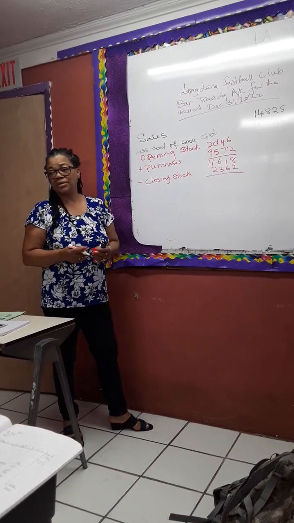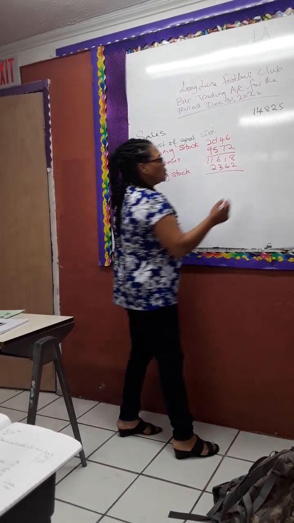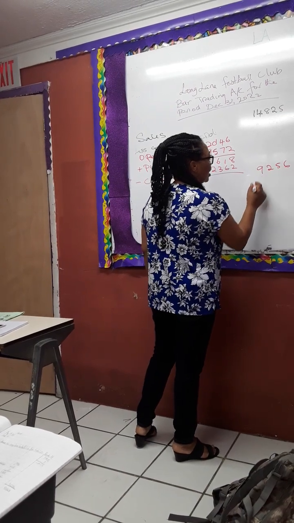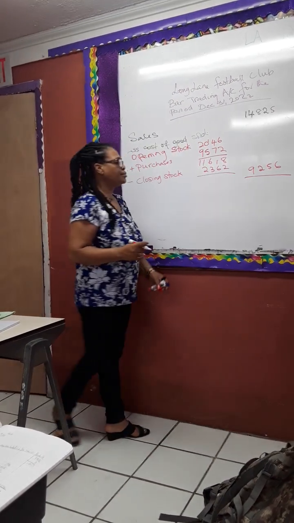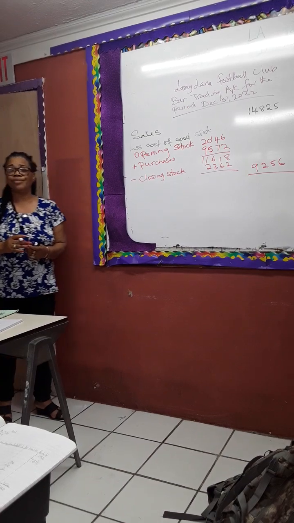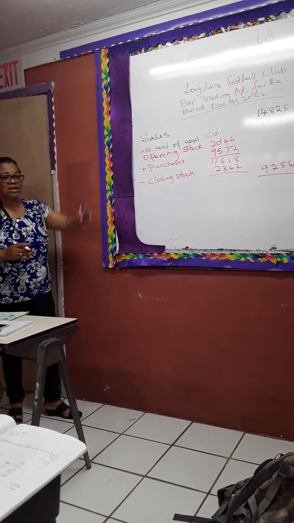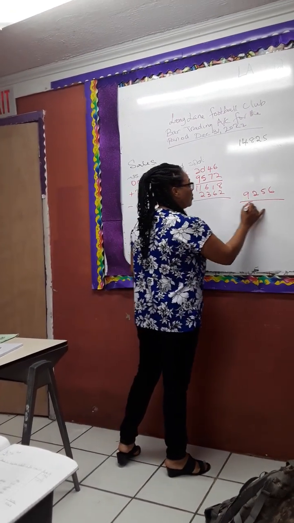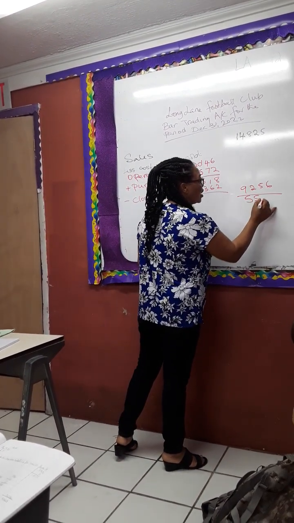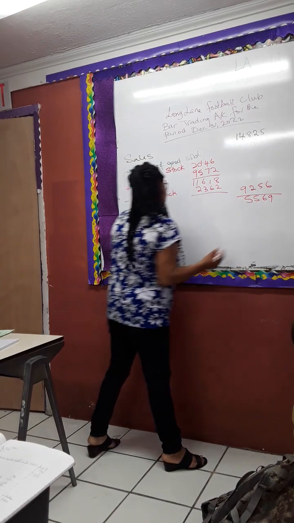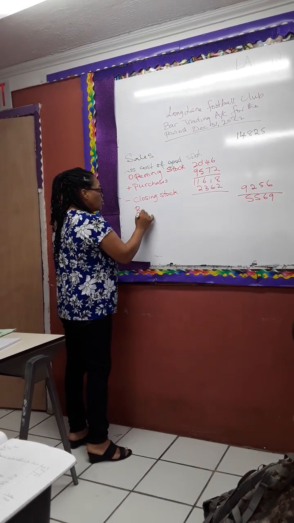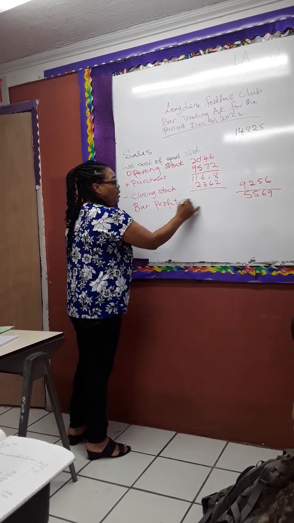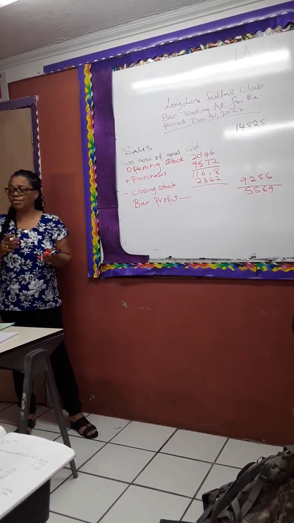What is the difference? 9,256. That is my cost of goods sold, which I'm now going to subtract from my sales to get my bar profit. What is it? 5,569. And this is my bar profit. I'm finished with that.